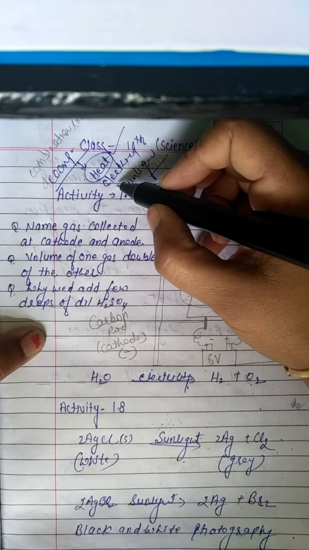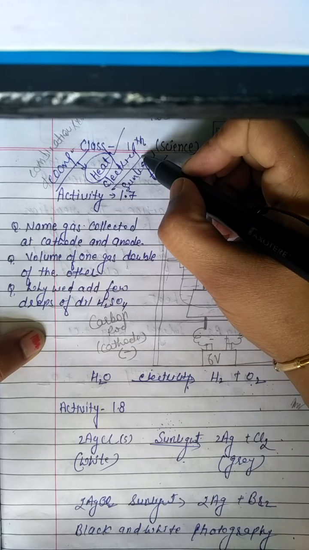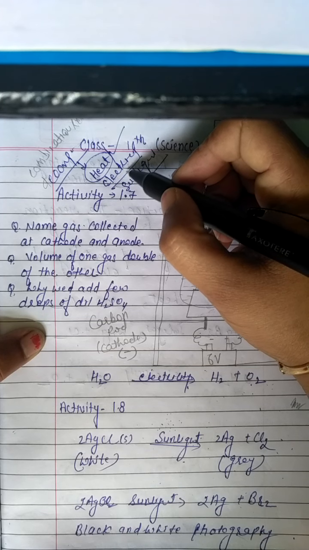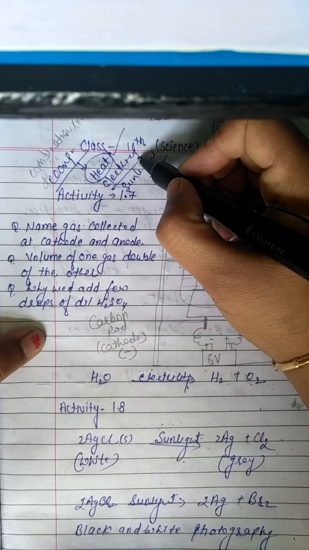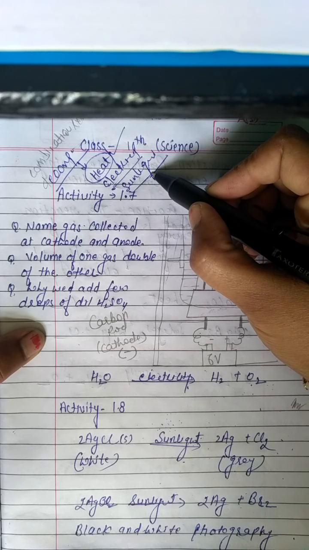The decomposition reaction that takes place in the presence of heat is called thermal decomposition. In the presence of electricity, it is called electrolytic decomposition. In the presence of sunlight, it is called photolytic decomposition.